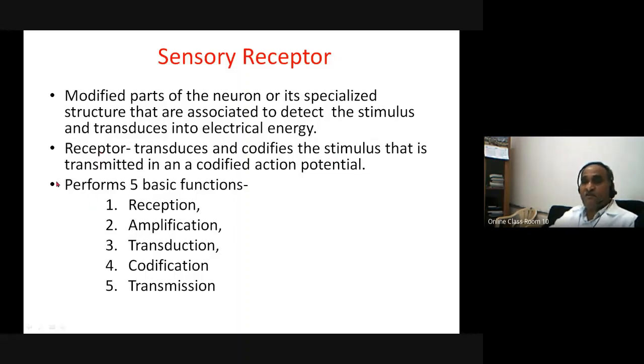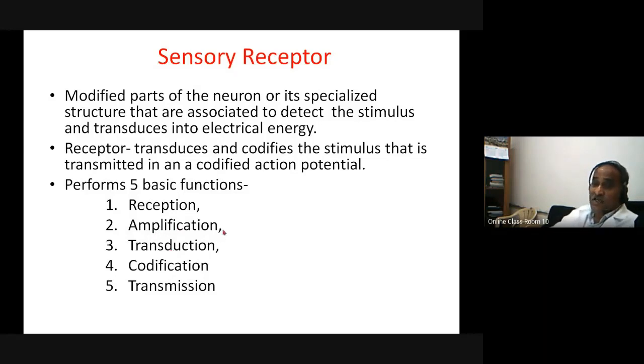Basically, the receptor performs 5 major functions. Number 1, the reception. Number 2, the amplification, because the receptors provide the mechanical advantage so that the signal will be efficiently transmitted or propagated. Even free nerve endings at the hair follicles utilize the hair follicle as a lever.